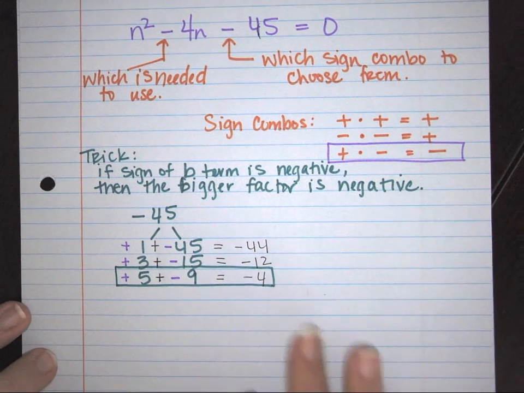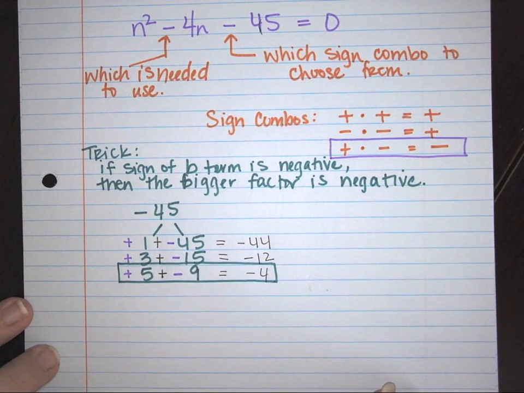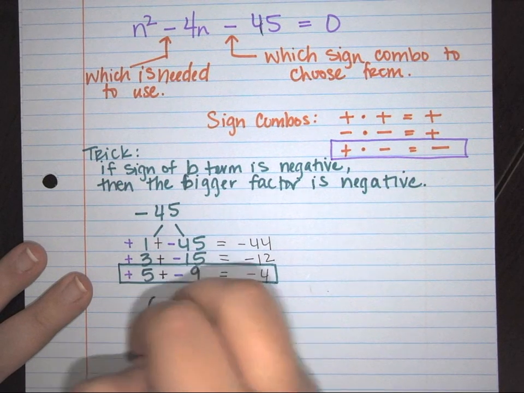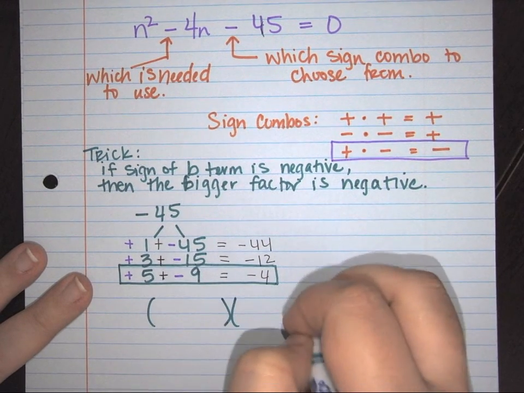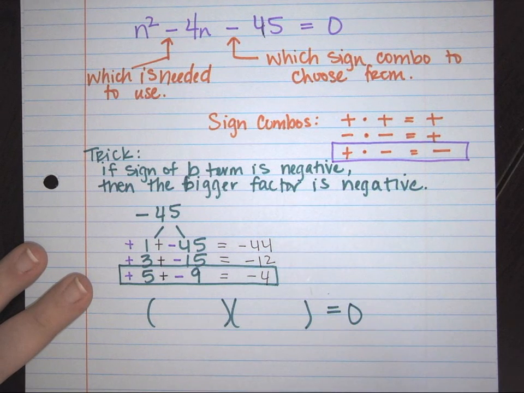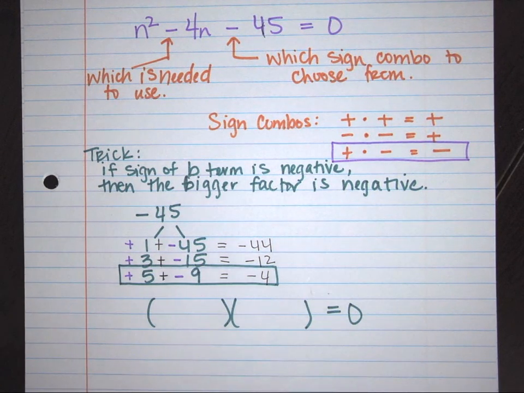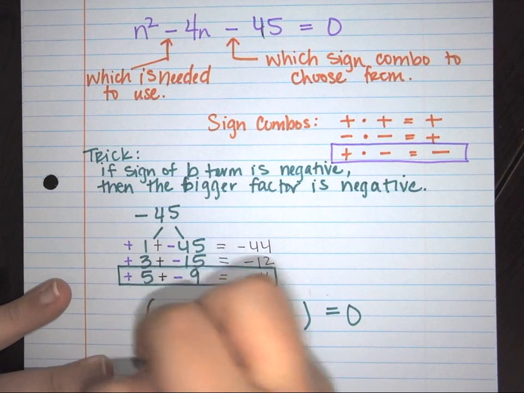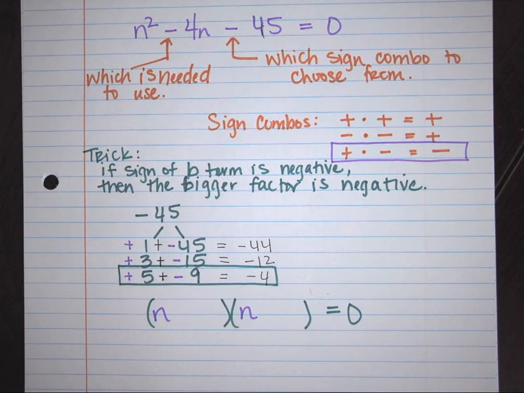So I need to set up my factors. This is going to be that I have my 2 sets of parentheses, and remember, I am set equal to 0. So my equation is going to split where n squared is going to break into n and n.